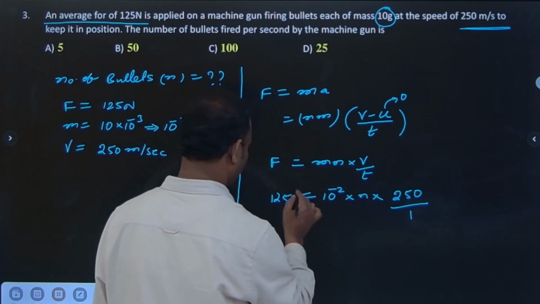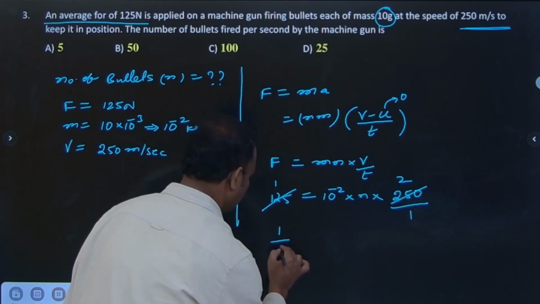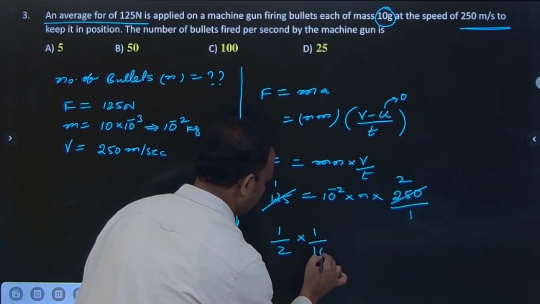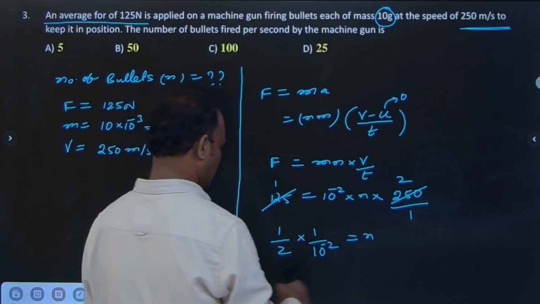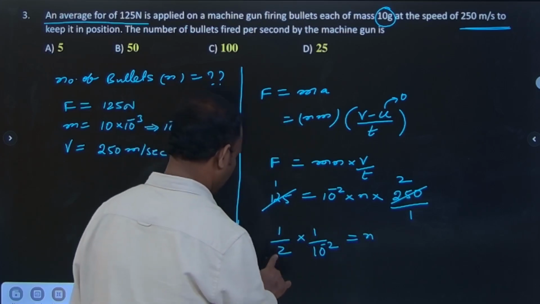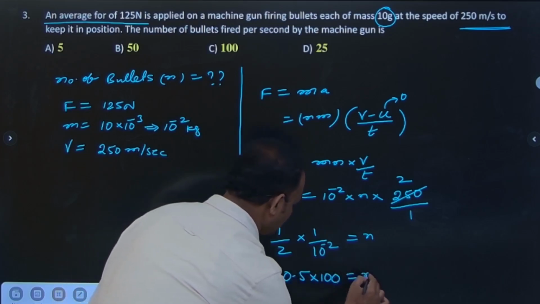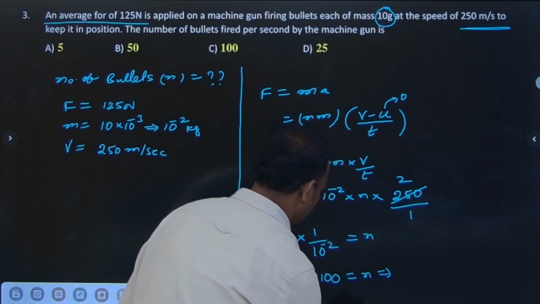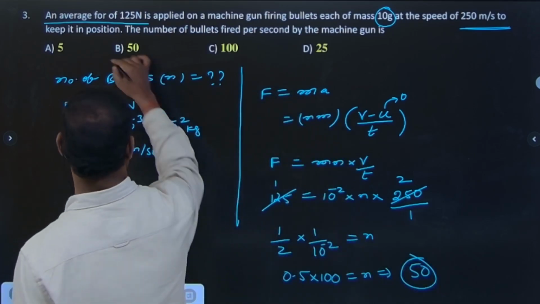So 125 ones are 125, twos are 250. So this is 1 by 2 into 1 by 10 to the power of minus 2 is equal to N. 1 by 2 means 0.5. 0.5 into 100 is equal to N. So then N is equal to 50. So 50 bullets are fired.